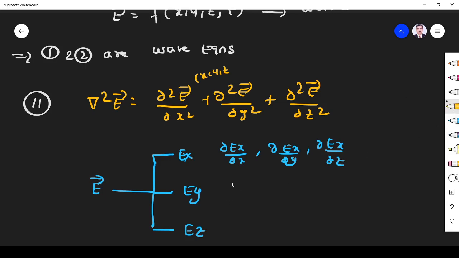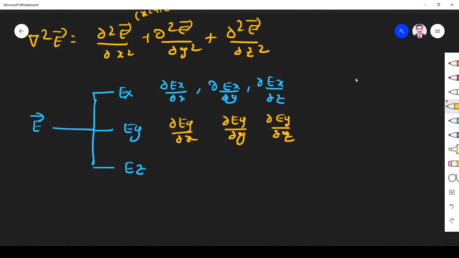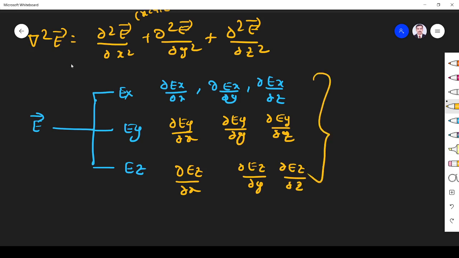Similarly, we have dou Ey by dou x, dou Ey by dou y, dou Ey by dou z. Similarly, we have the z component: dou Ez by dou x, dou Ez by dou y, dou Ez by dou z. So how many components do we have? Totally 9 equations. So del squared E, the left hand side, is equal to 9 equations. Yes or no? These equations are hidden in the left hand side.